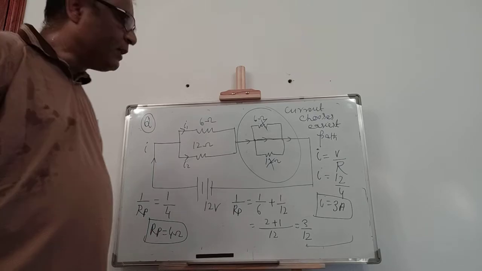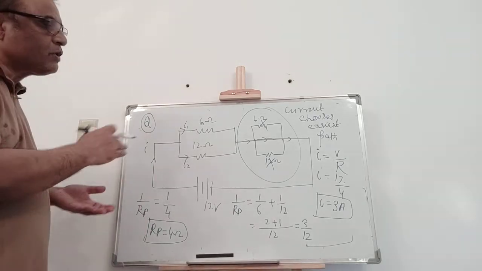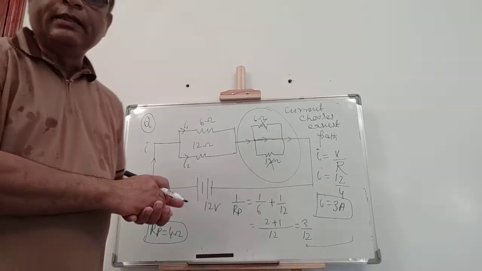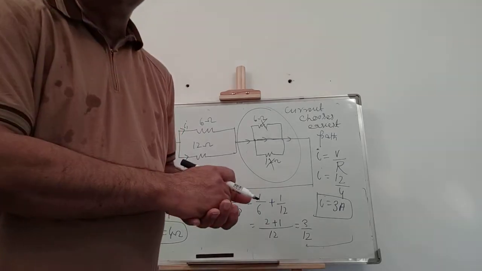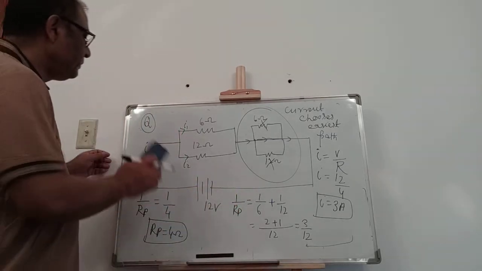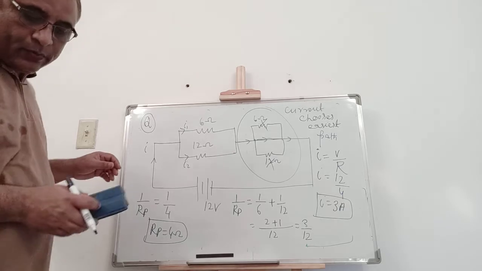I gave you this numerical to understand this concept that current chooses the easiest path. Okay, now one more question. Try to understand here.